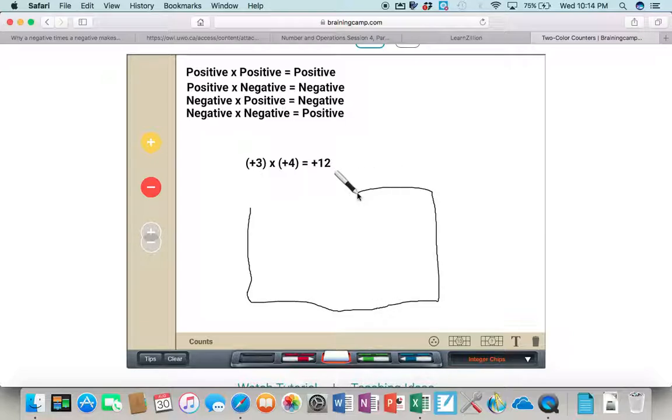So here's my roughly drawn workspace. And in that workspace I have 0. Nothing here. And this question tells me I need to add 3 groups of positive 4. So there's one group of positive 4 that I'm going to make.